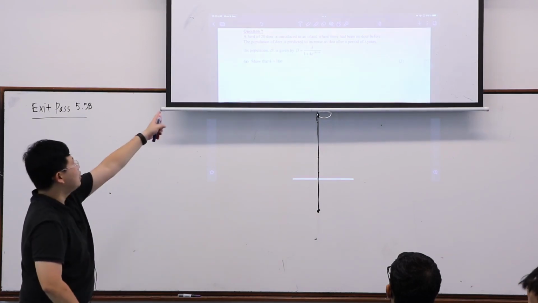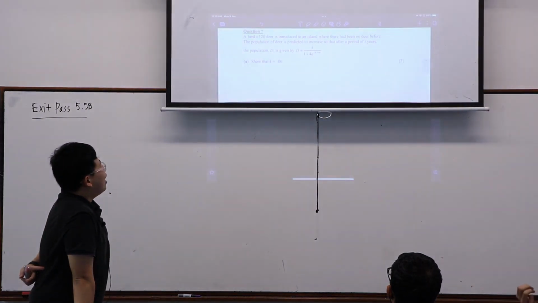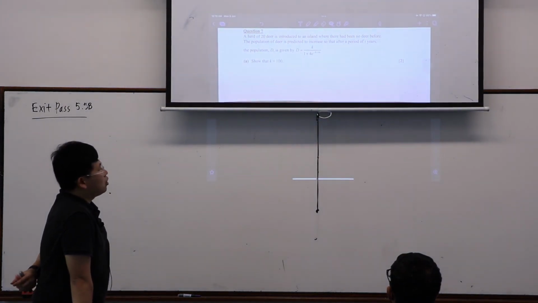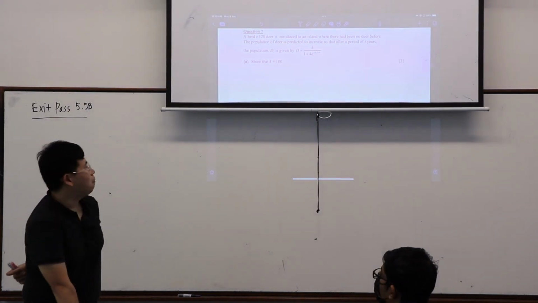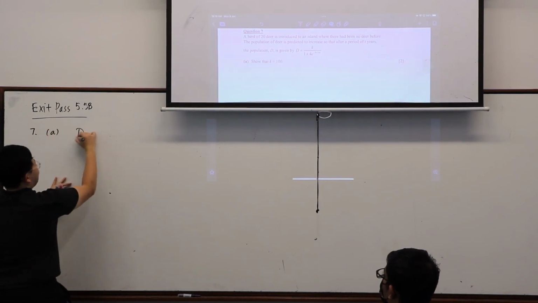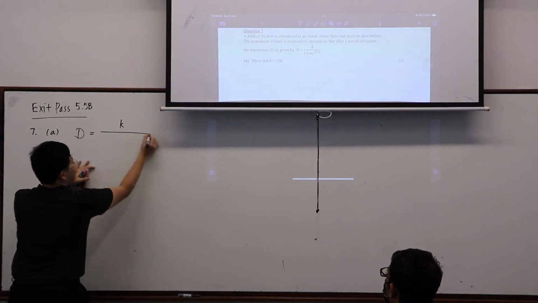We have a herd of 20 deer introduced to an island where there had been no deer before. Then the population of deer is predicted to increase so that after a period of 10 years, the population is this big S function. D is the population of deer, K is a constant.